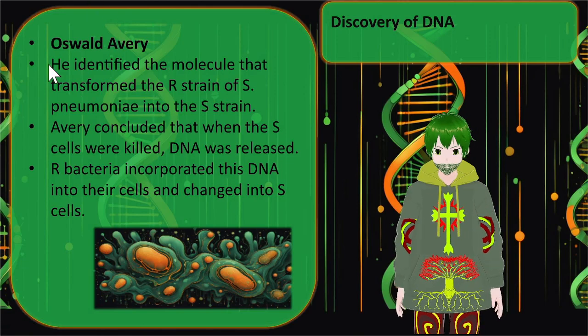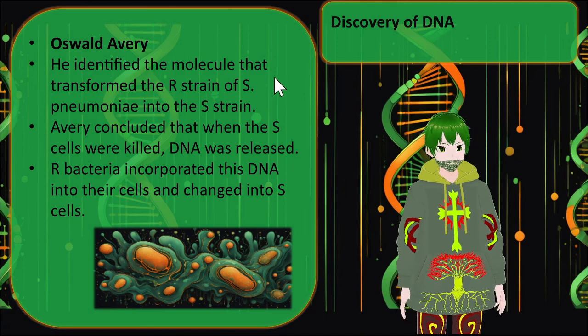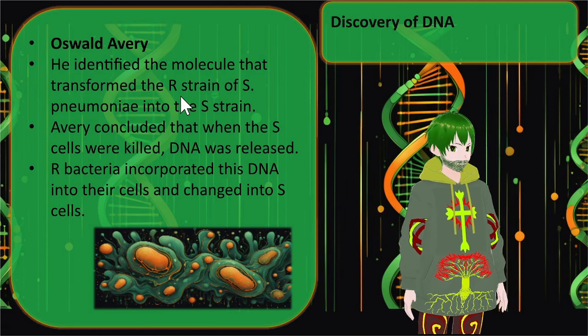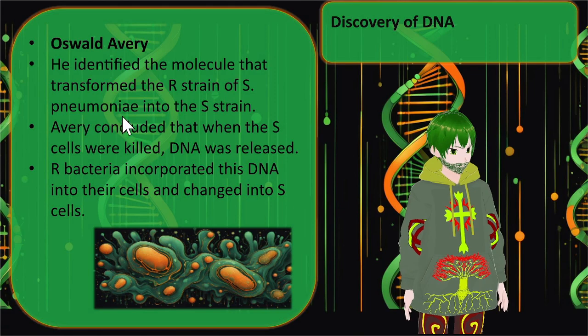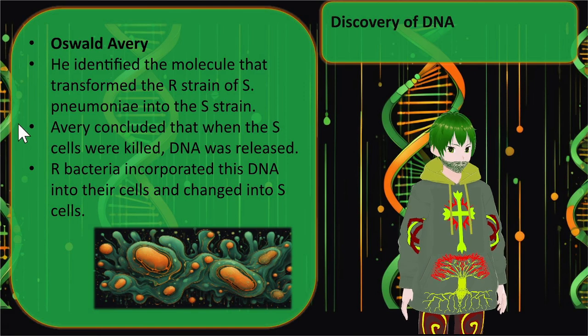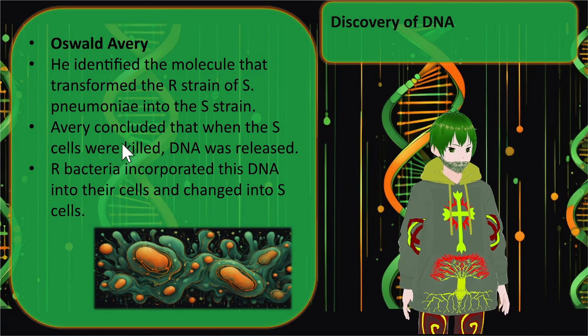Now, after Griffith came Oswald Avery, and he identified the molecules that transform the R strain, rough strain, of the S. pneumoniae into the S strain. Okay, so he's the one who figured out what was causing the transformation.